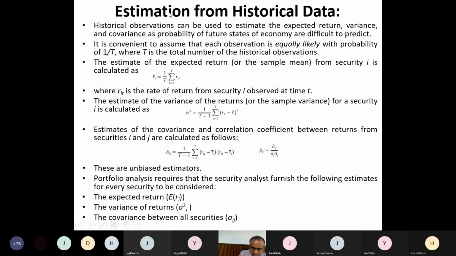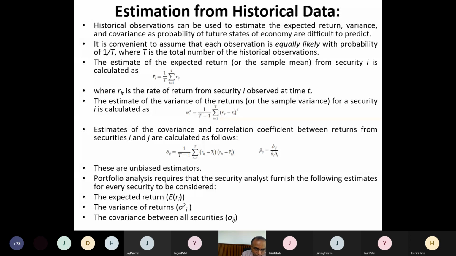All right, so as I mentioned, the probabilities of the future state of the economy are difficult to predict, and if we use them in calculation, our calculation will be there, but it may not give a perfect model. So what is the practical approach? Use the historical data, because in history also all these returns have passed through most states of the economy.